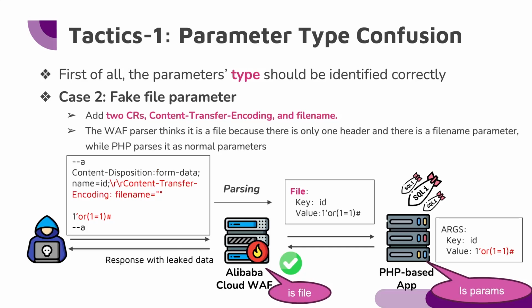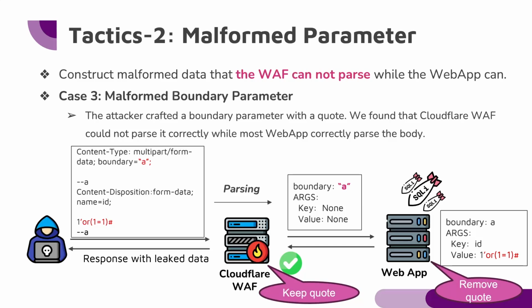After adding two CRs, content transfer encoding and filename, the WAF parses this as a file because there's only one header and there's a filename parameter, while PHP will parse this as normal parameters because it treats the CR as a line separator, so there are two headers in the part, and there's no filename parameter in the content disposition header.